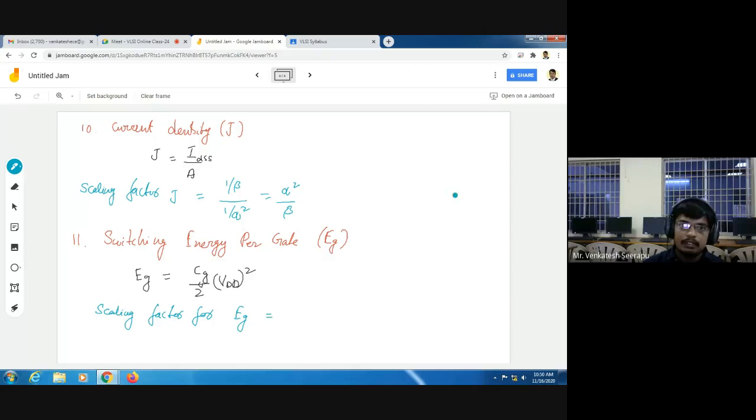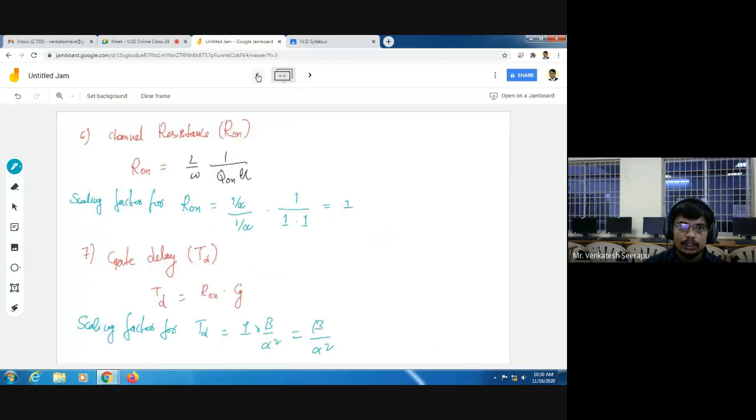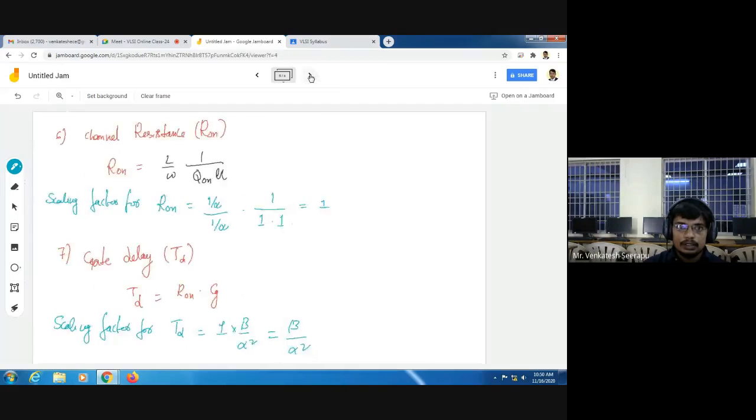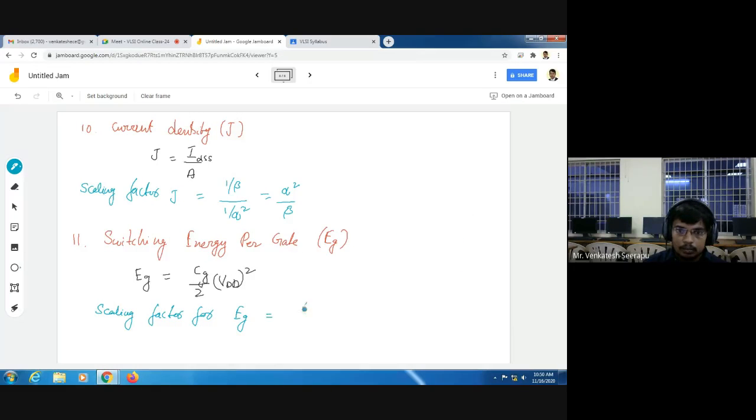The CG is having a scaling factor beta by alpha square. And 2 is a constant value, it is having a scaling factor 1. And for VDD square, voltages have a scaling factor 1 by beta, so VDD square is 1 by beta square. Now the scaling factor equals 1 by alpha square beta. It is the scaling factor for switching energy.